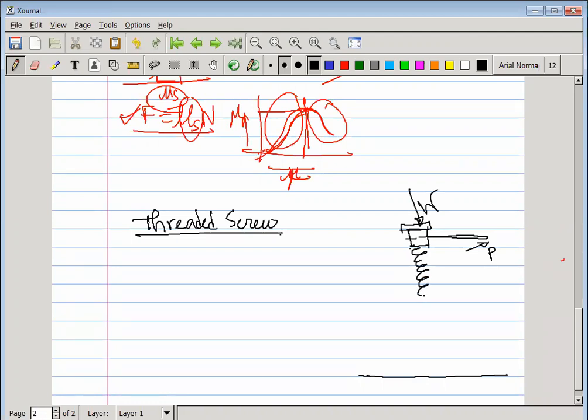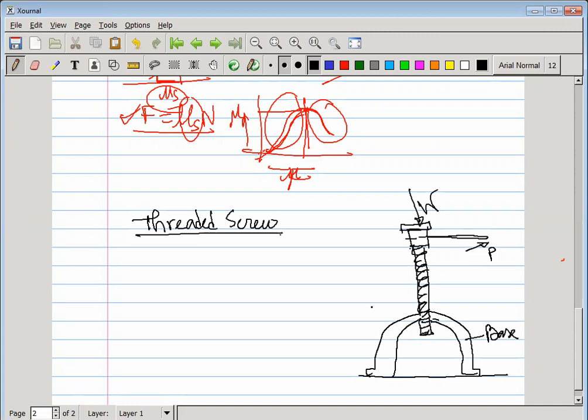and consider this is threaded. This part is the base actually.